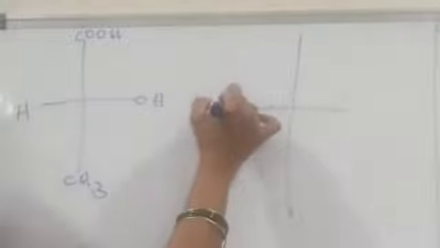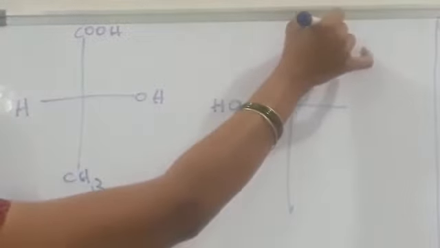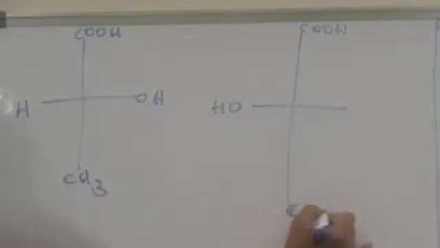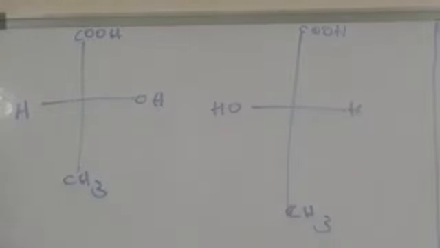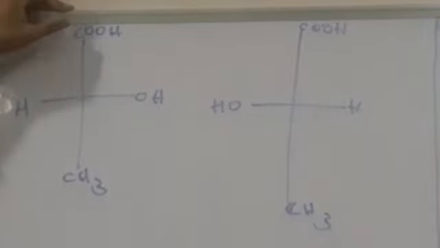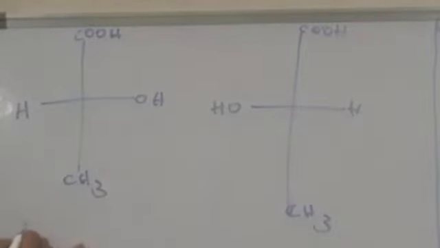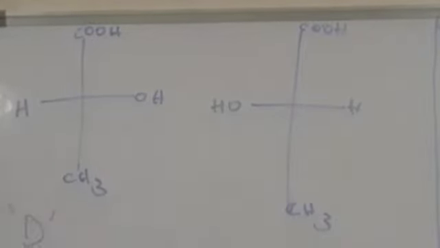So we can draw two forms here. Most oxidized carbon in the form of carboxylic acid is present at top and reduced carbon at the bottom, and OH group is present at the right hand side. So we can give D form for this. But it is levorotatory, D minus lactic acid.